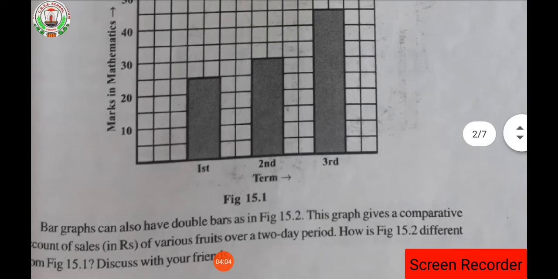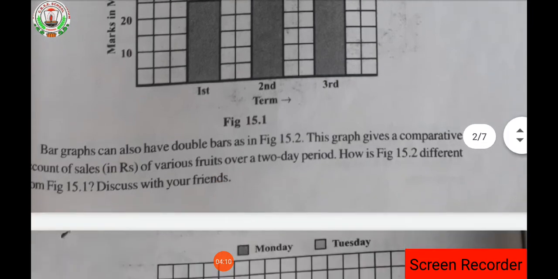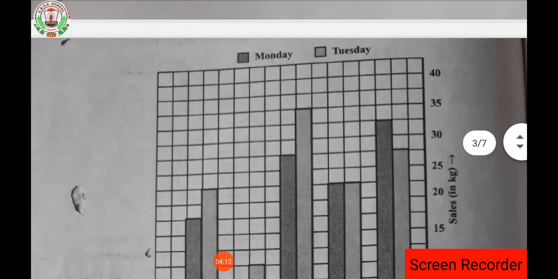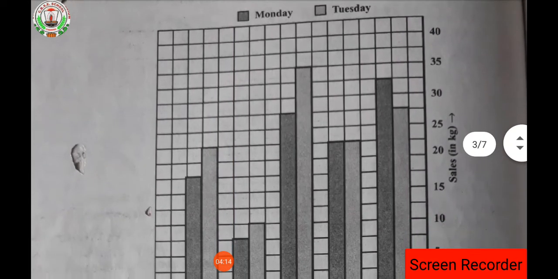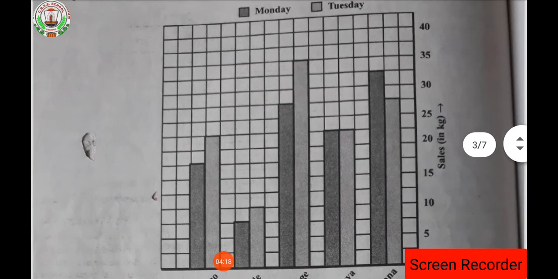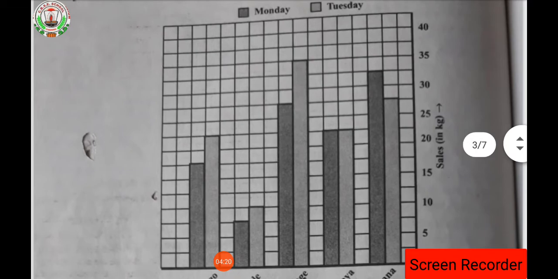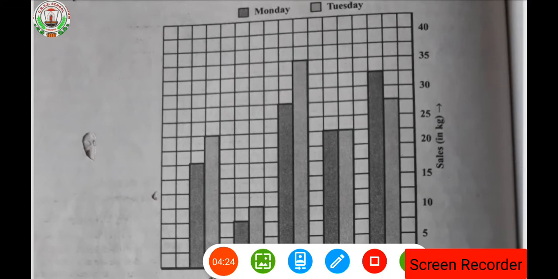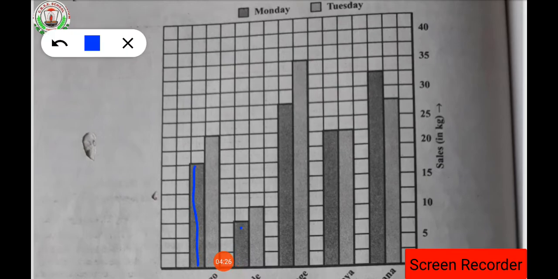Now a bar graph can also have a double bar graph. This also you had already studied, that in a bar graph we can draw a double bar graph, isn't it? So here we have a graph. You can see that 2 days are there, Monday and Tuesday. The graph in dark shade is of Monday.